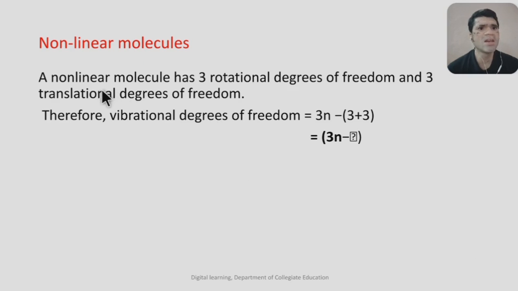For nonlinear molecules, there are 3 rotational degrees of freedom and 3 translational degrees of freedom. Therefore vibrational degrees of freedom will be 3n minus 3 plus 3, that is 3n minus 6.